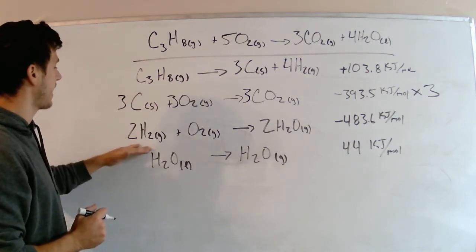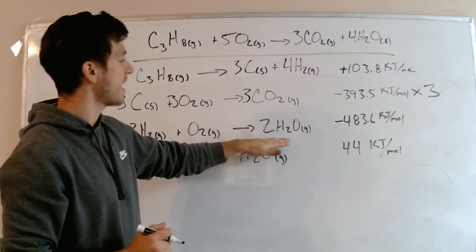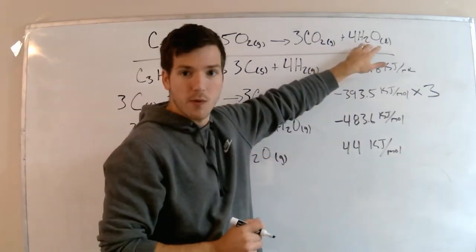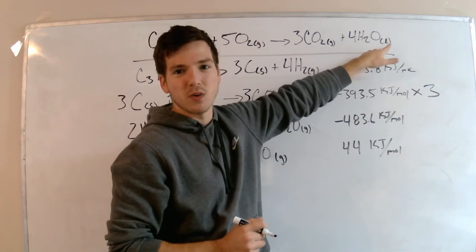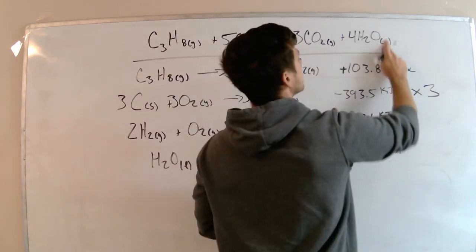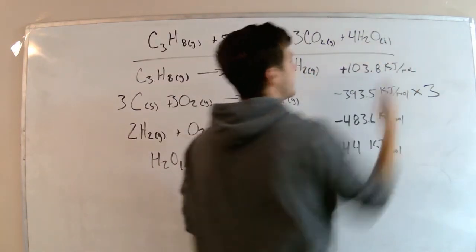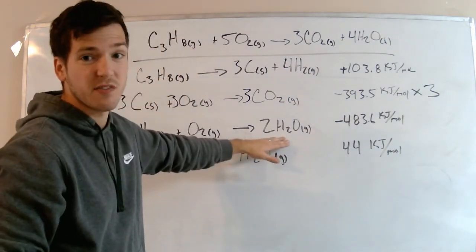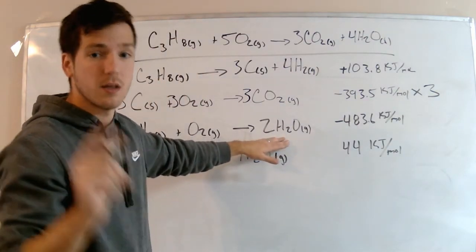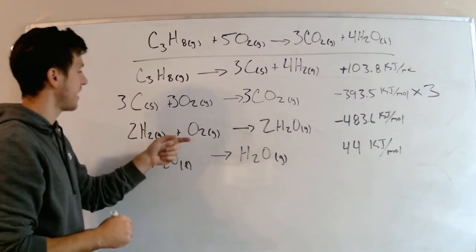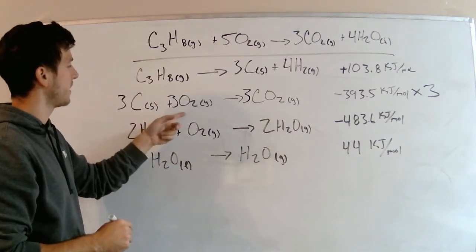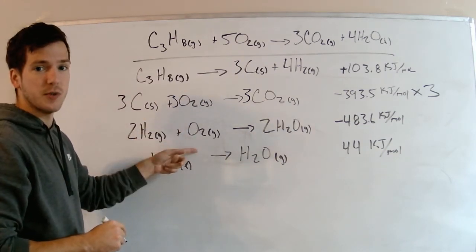I got H2O2 and H2O gas, and you might be thinking, hey, we have H2O up here. This is H2O liquid, that is an L. So we cannot match these up. They're 2 different states, they're totally different. But the good thing is that, remember, we only have 3 O2s here and 1 O2 here.